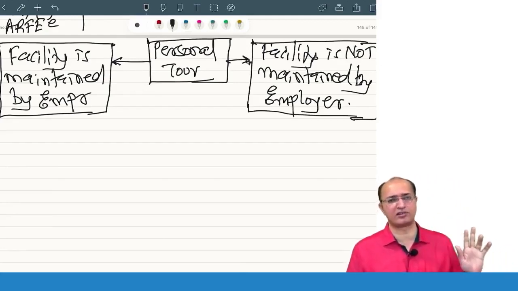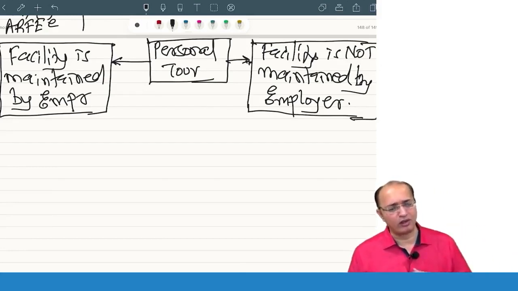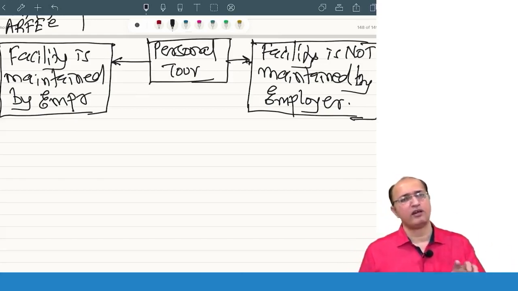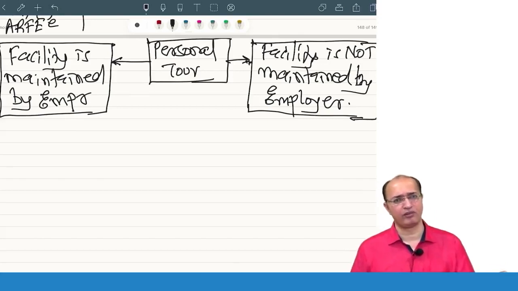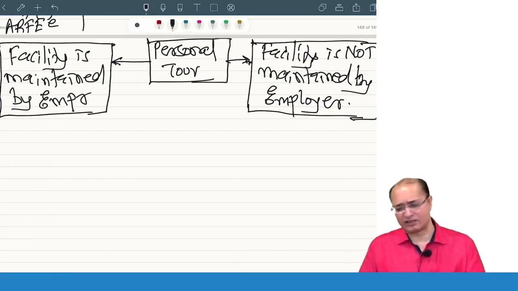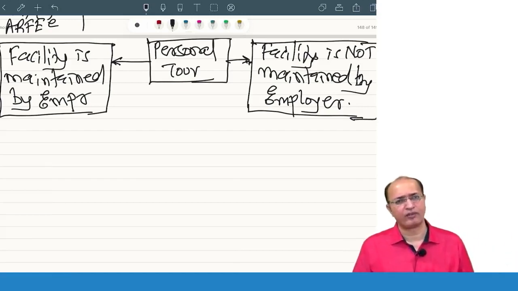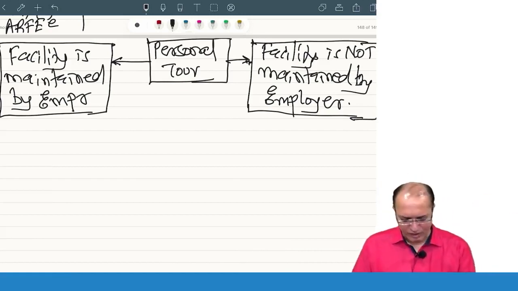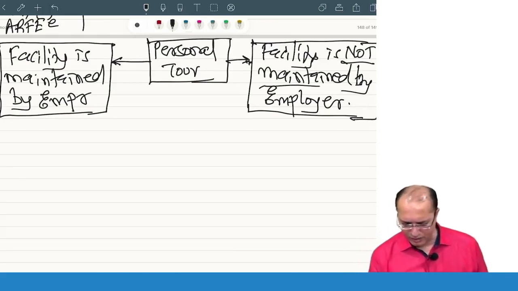I am going on a personal tour to Ooty, but they do not have any guest house there. So where will I reside when I go to Ooty? I'll stay in a hotel. That hotel is not maintained by Inside Commerce Studies. That facility is maintained by another person. So we say that facility is not maintained by employer.